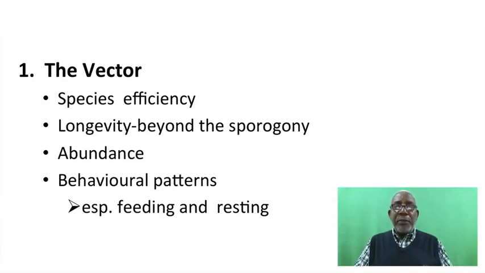Behavioral patterns of the vector species in terms of feeding and resting. Normally the most efficient vectors are those which are anthropophilic, that have a tendency to feed on humans, and also the ones which have a tendency to rest indoors or close to human habitations.